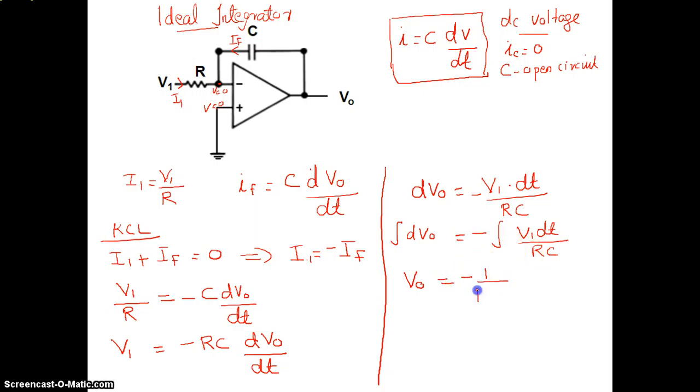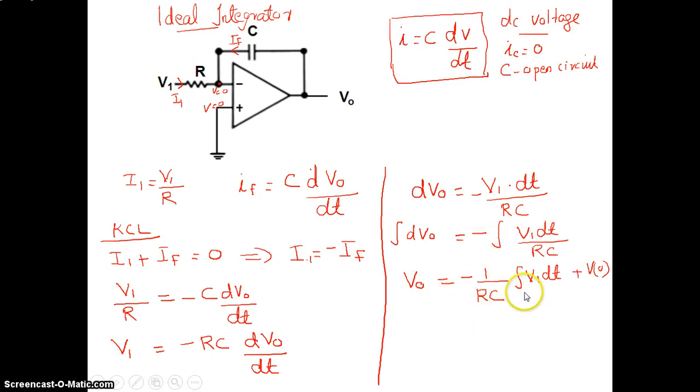It is 1 by RC into integration of V1 dt, plus you will have an initial voltage V0, the integration constant, which you can normally consider equal to 0. So you can see that your equation will be Vout is equal to minus 1 by RC.